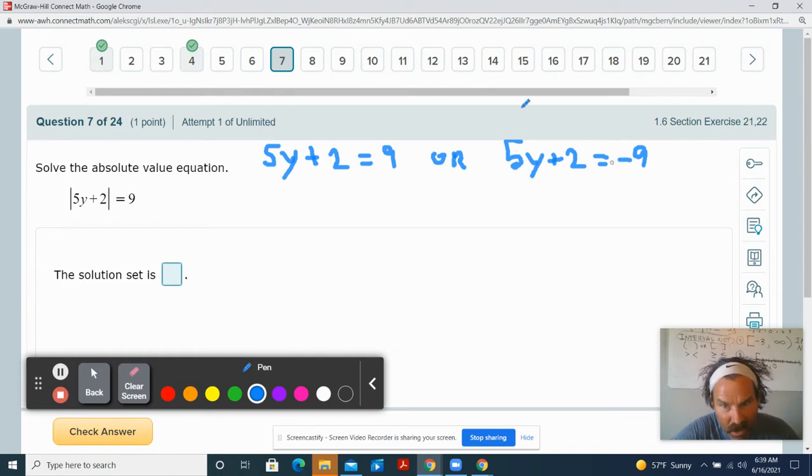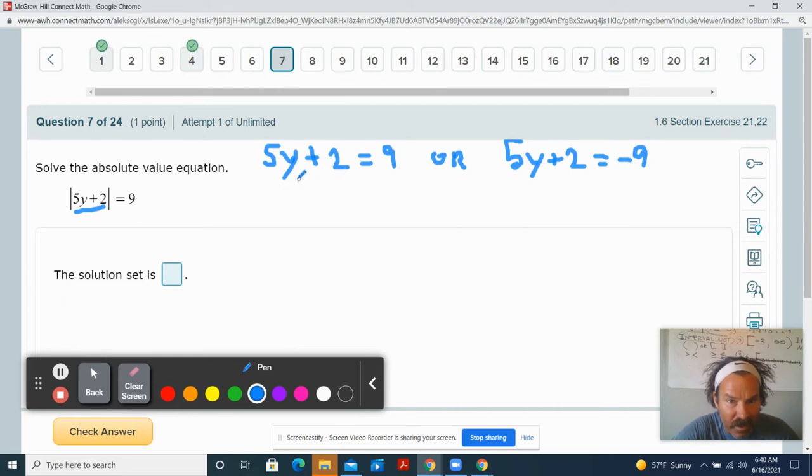So all we have to do is solve these two equations. Notice I dropped the absolute value sign. When I write the two equations, I don't have to have the absolute value signs anymore, because I know the expression inside the absolute value sign has to equal one of two numbers, 9 or negative 9.